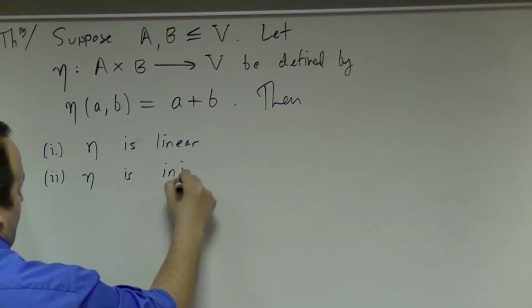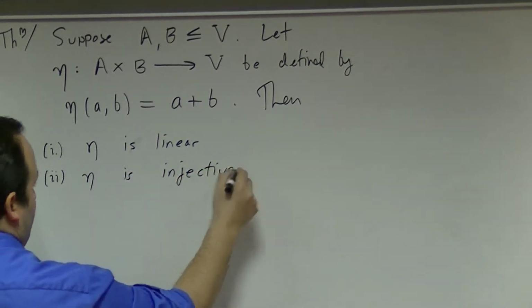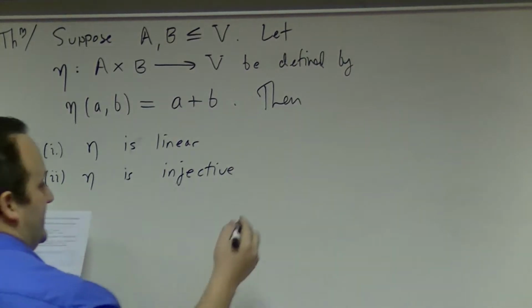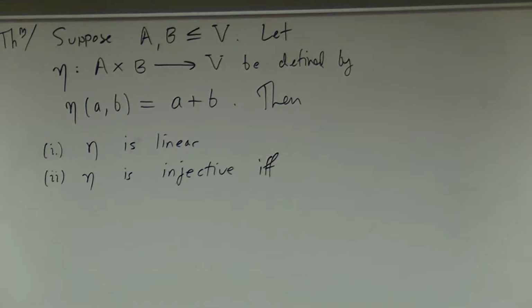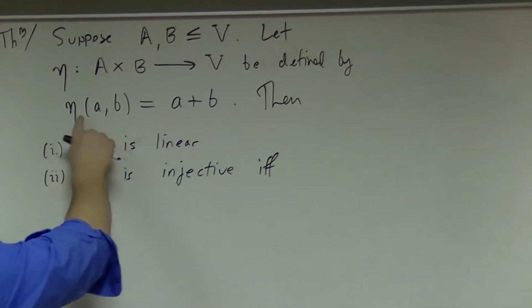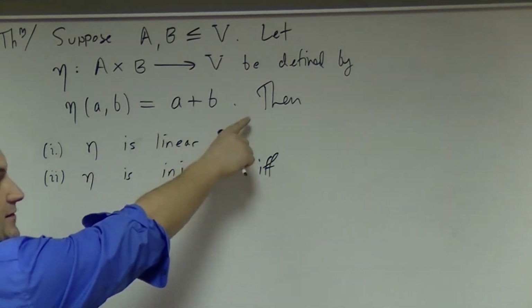Now that's not for free. We need some condition about the vector spaces A and B. So what condition do you need for A and B for eta to be injective? We can test the injectivity of the map by looking at the kernel, if it's linear. So you ask yourself the question, what does this function eta send to 0?